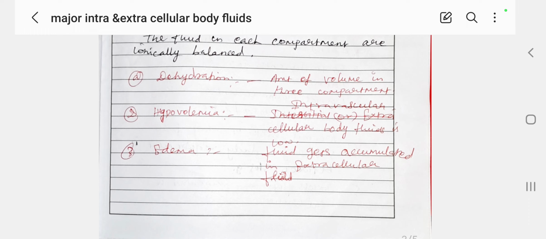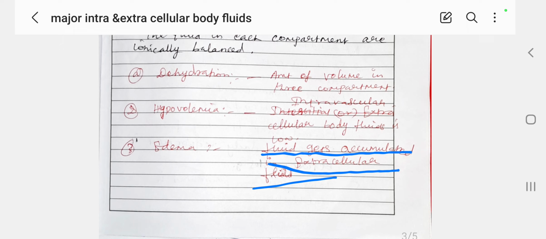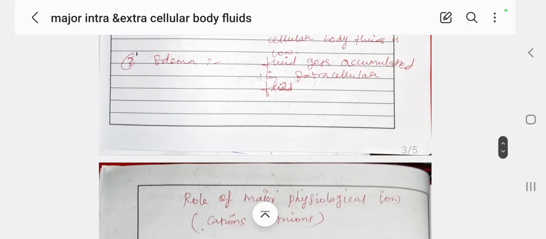Hypovolemia is when the body fluid volume is low. And edema is when fluid gets accumulated in the extracellular fluid.